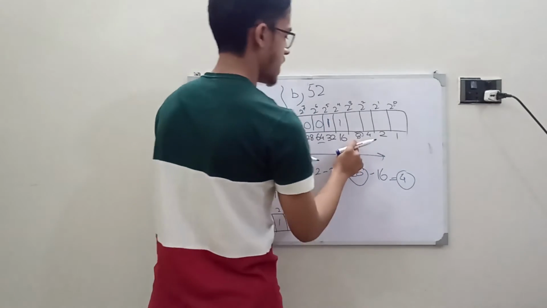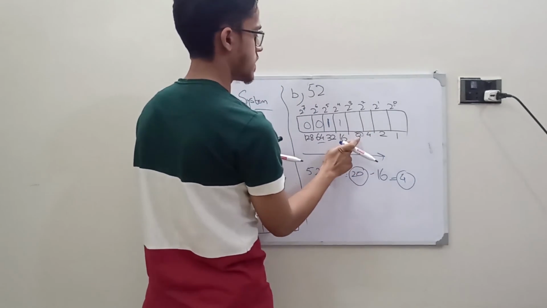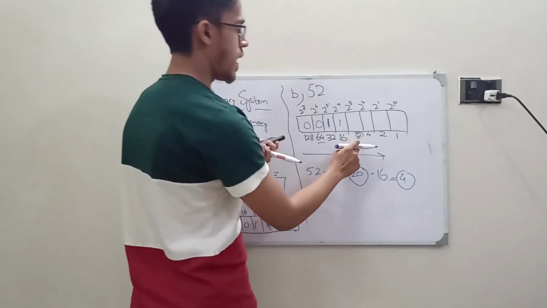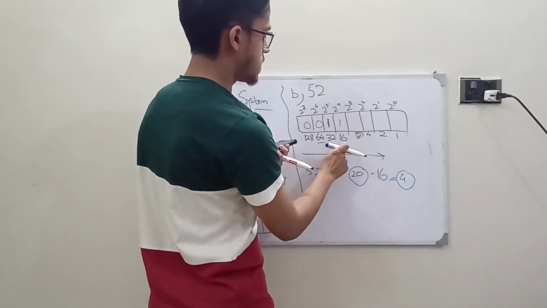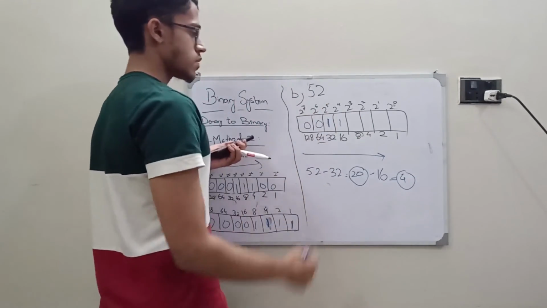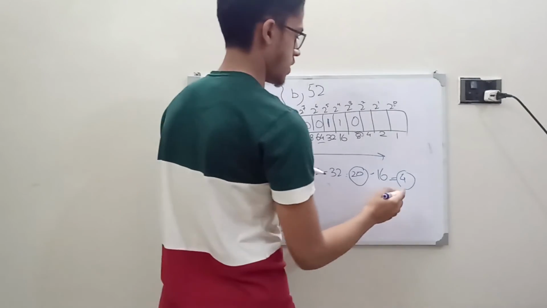So 4 is of course less than 8, so we cannot place 1 here, because we do not want this 8 to be added in our final answer. If we add this 8, it will add up with this one and with this one, and the final answer will become greater than 52. That's why we cannot put 1 here. We need to put 0 instead.